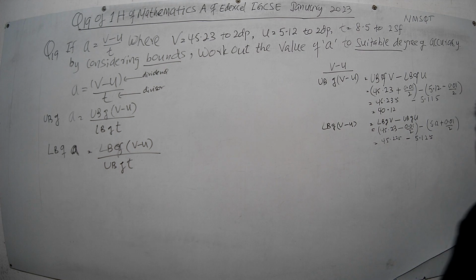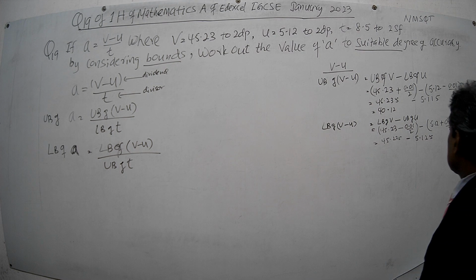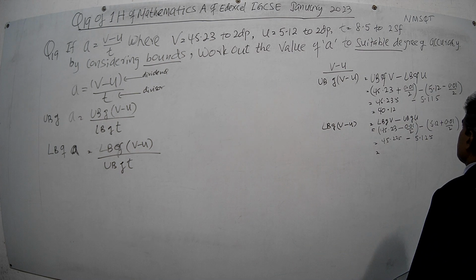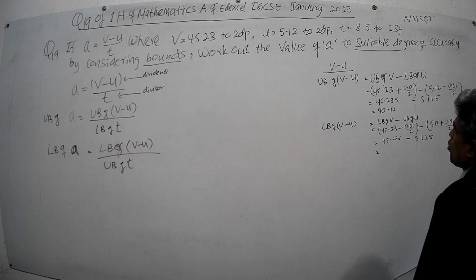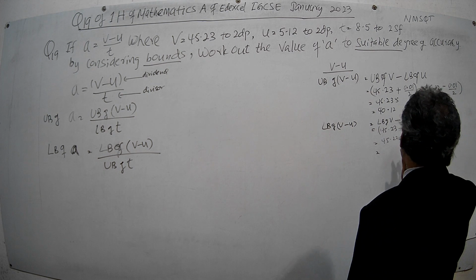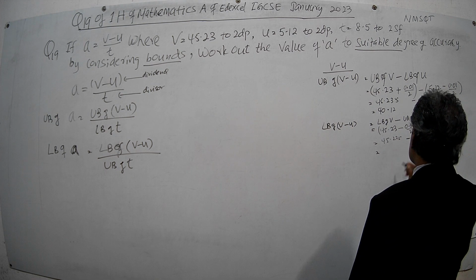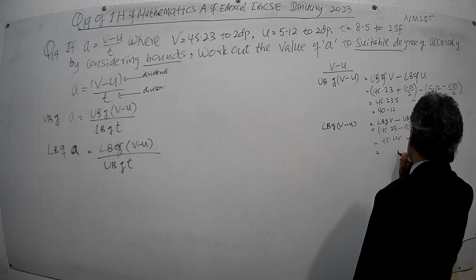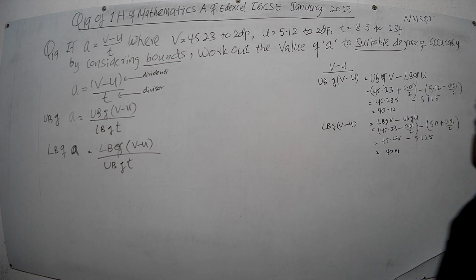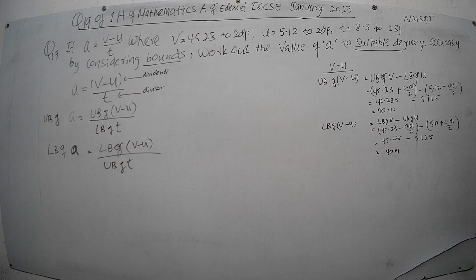Right, so that is the answer. Then you subtract this also and get the answer. How much are you getting? 40.1. Okay, that is the lower bound of V minus U.